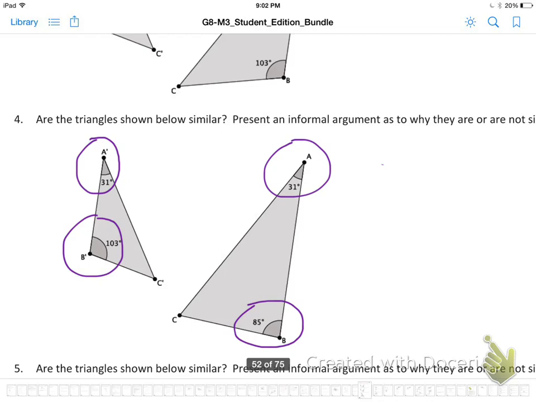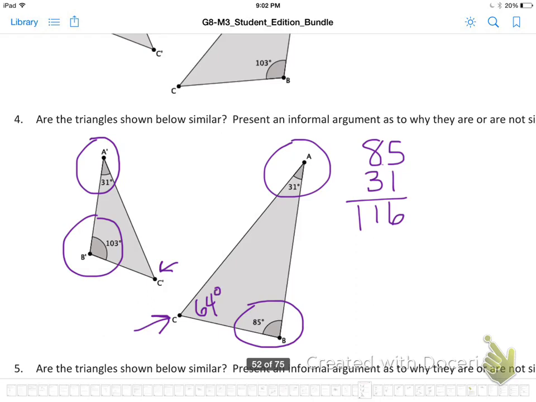So clearly the angles marked B and B prime are not equal. But in this case, because one angle is equal, I would want to check and find out what the measure of these angles are. So we'll use the triangle sum equality, and so 85 plus 31 is 116. So in this triangle ABC, this angle has to be 64 degrees.